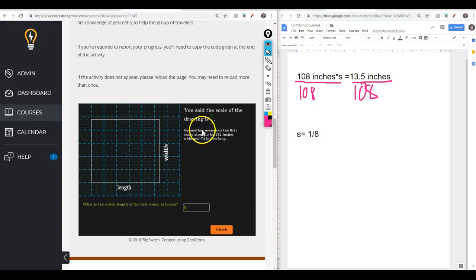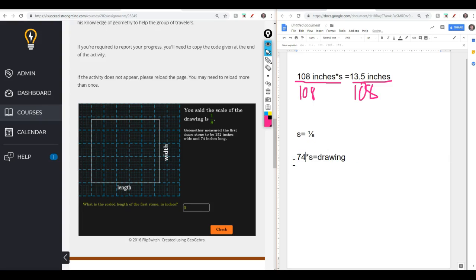Okay, so then it says Geometer measured the first chaos stone to be 152 inches wide and 74 inches long. What is the scaled length of the first stone in inches? So again, remember our original equation was the actual length times the scale factor is equal to the drawing's length. So we're going to set that up. The actual length on this is 74 inches.